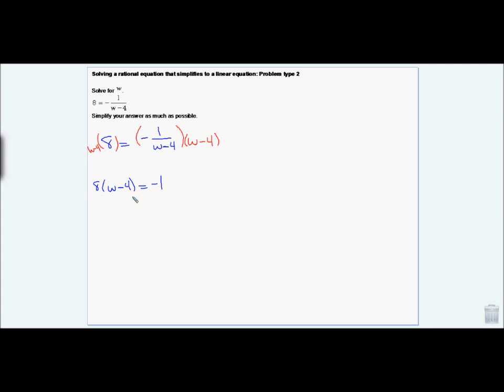I'm going to distribute in that 8, and I'm going to get 8w minus 32 is equal to negative 1. So 8w is equal to 31, because I'm going to add 32 to both sides. Dividing by 8, I get w is equal to 31/8.